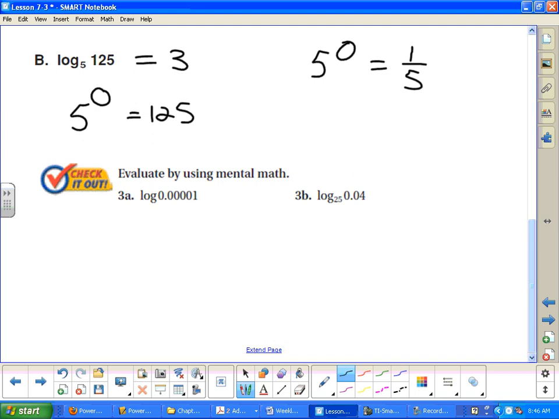Do letter B here. The first thing I would do is change that decimal to a fraction and see if that helps you.